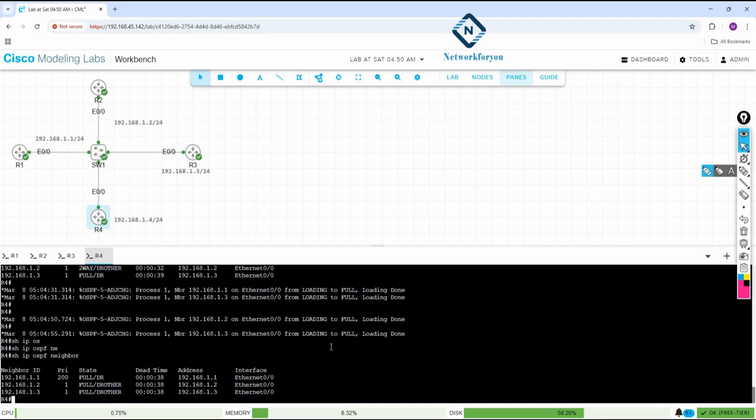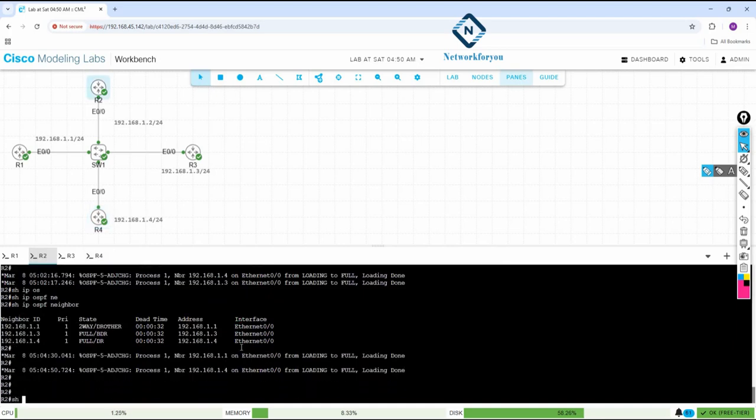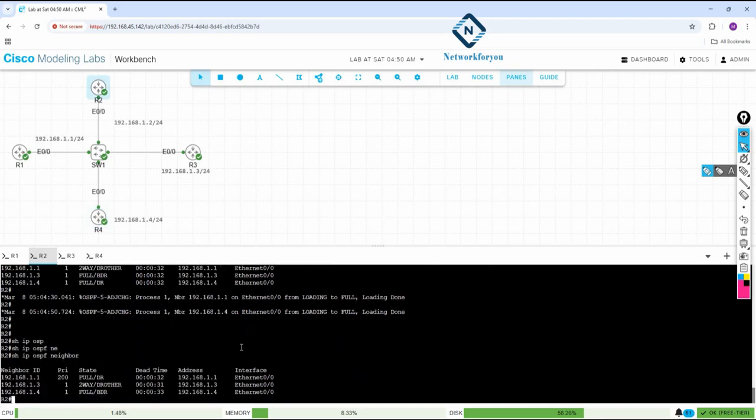If you see now, R1 became the DR. Let's go to any other router to check, because I want to check the other information. Ospf neighbor. If you see, I increased the priority here, so this one will become the DR, and the remaining all are having the same priority, so they will check the router ID, and this one has the highest router ID, so this one will become the BDR.